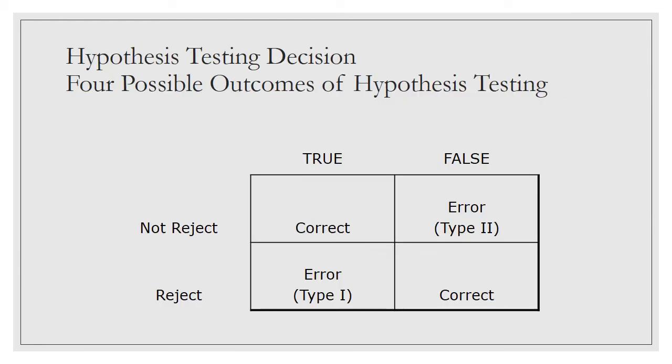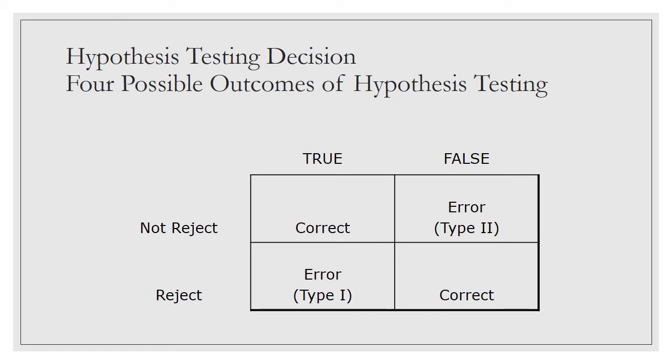Let's remind ourselves of a few things when we're conducting hypothesis testing. We've built our null and alternative hypothesis, and now we're going to make a decision. The decision is always about the null hypothesis, that is, the hypothesis of no difference or relationship.